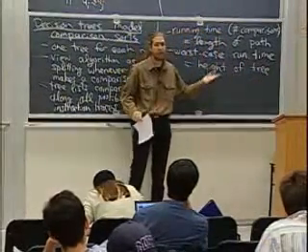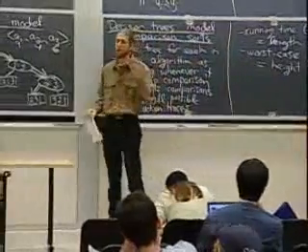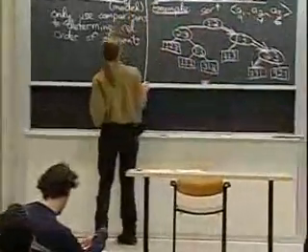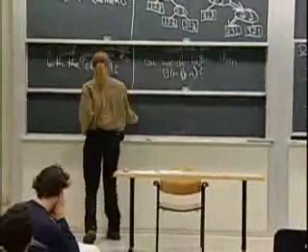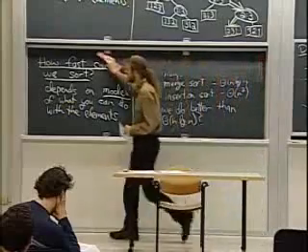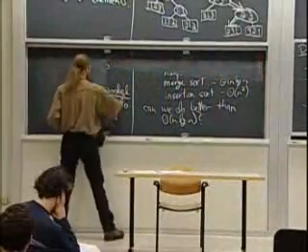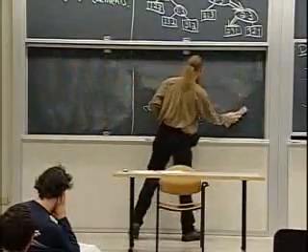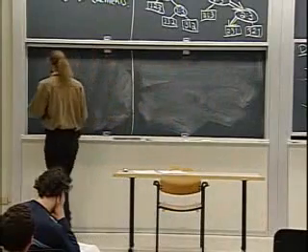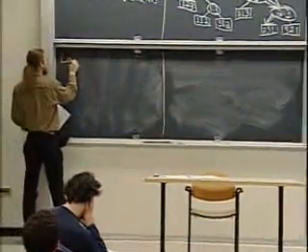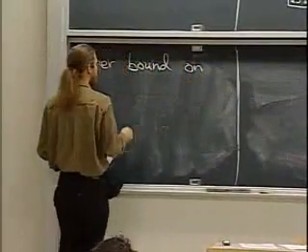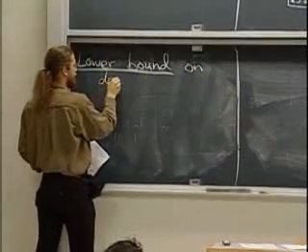We want to claim that the height of the tree has to be at least n log n, with an omega in front. So that's what we'll prove. And the only thing we're going to use is that the number of leaves in that tree has to be big, has to be n factorial. So this is a lower bound for decision tree sorting.